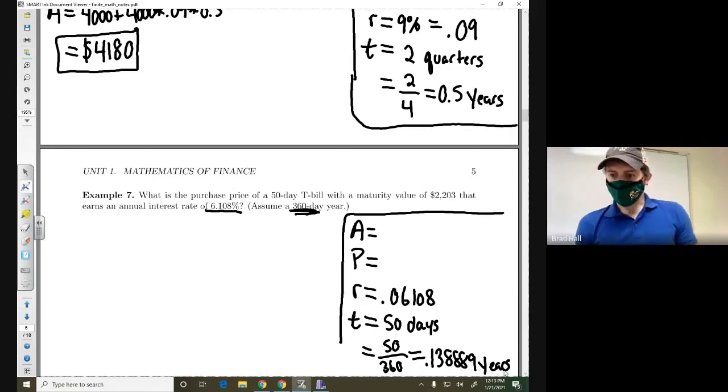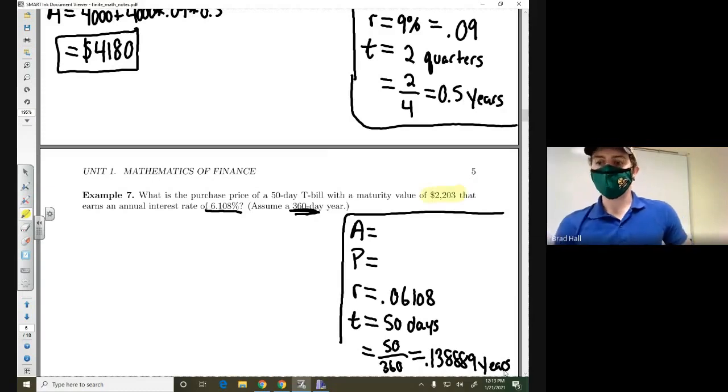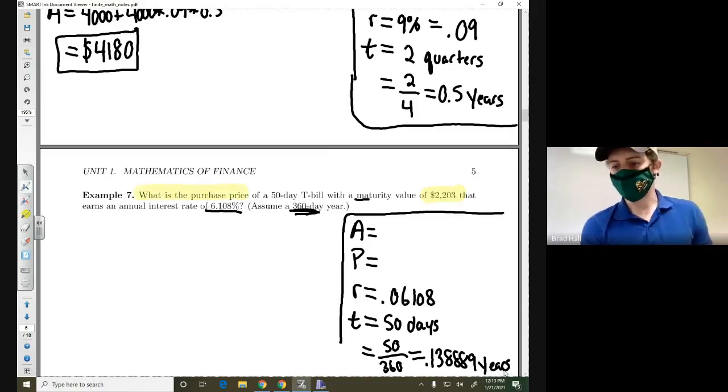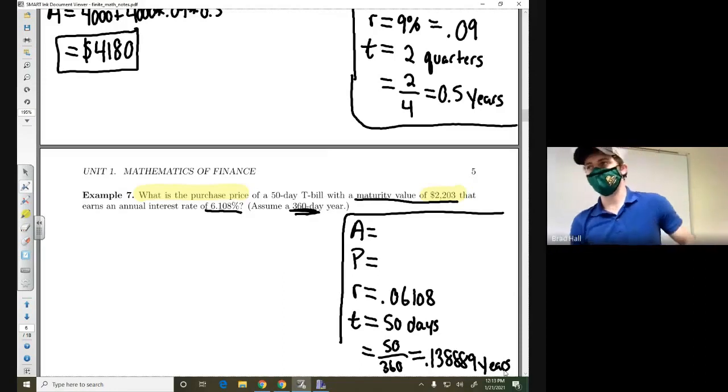Now it's a matter of the 2,203: is that a final value or an initial value? Well, they want us to find the purchase price, and then they tell us that the maturity value is 2,203. What does maturity make you think of? Old. So this is a value that will mature over time.